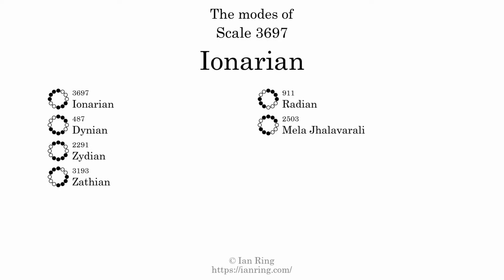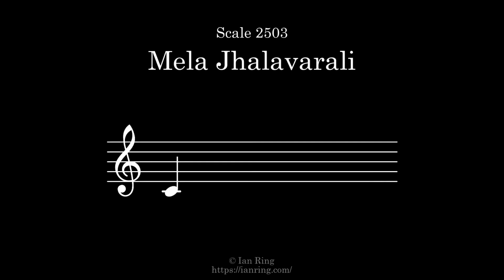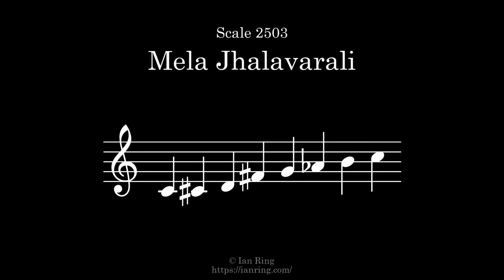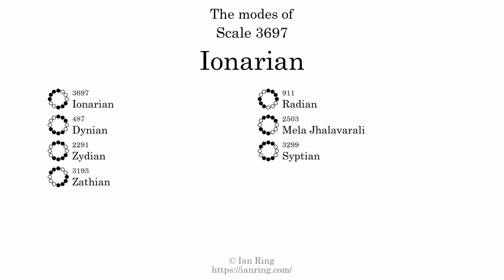The sixth mode is scale 2503, also known as Mila Jalaverily. It sounds like this. The seventh and last mode is scale 3299, also known as Siption. It sounds like this.